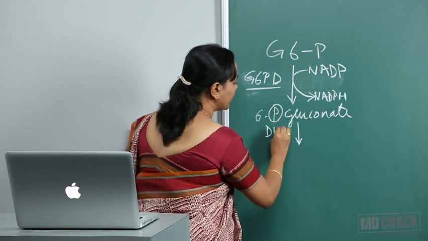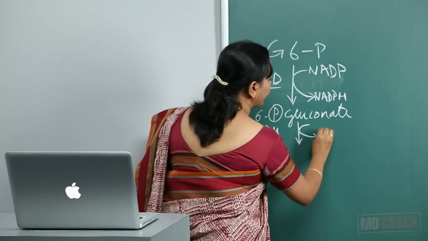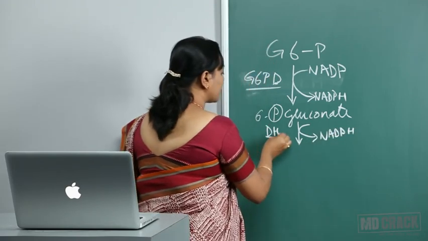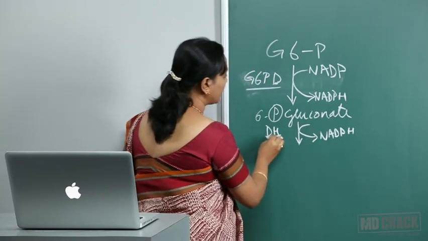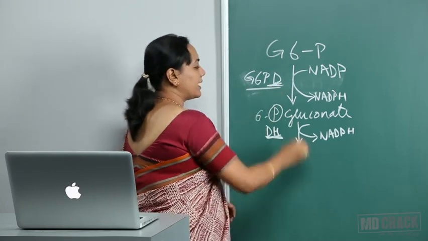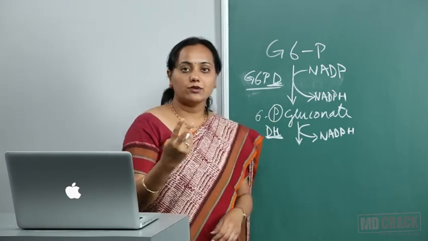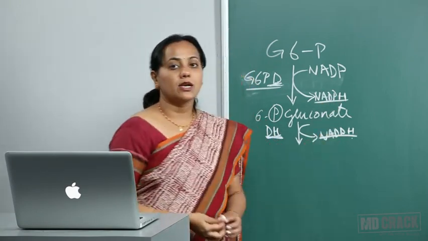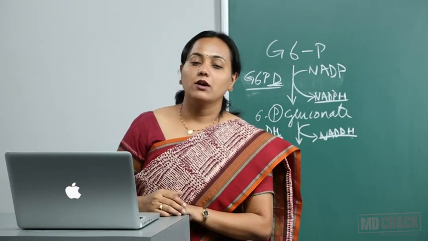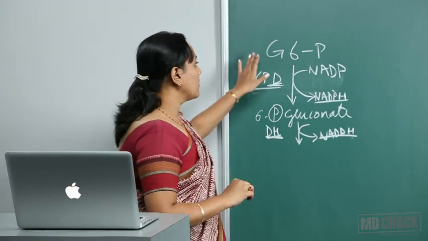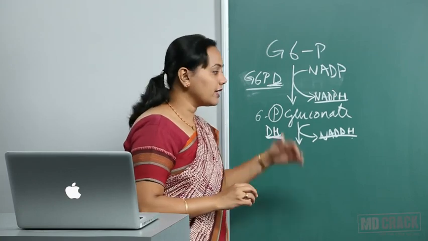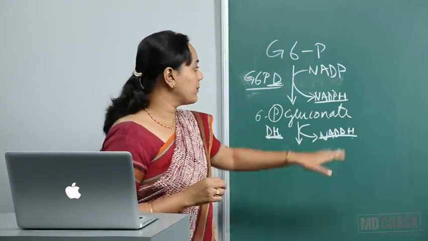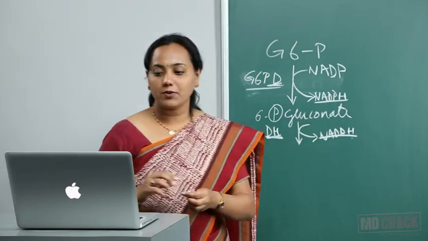Again a dehydrogenase in which NADPH is produced. 6-phosphogluconate dehydrogenase and glucose 6-phosphate dehydrogenase are the two dehydrogenases in the body where NADPH is produced. That's the importance of the oxidative phase. As I said, I am not focusing on the reactions. What is important here is that NADPH is produced.